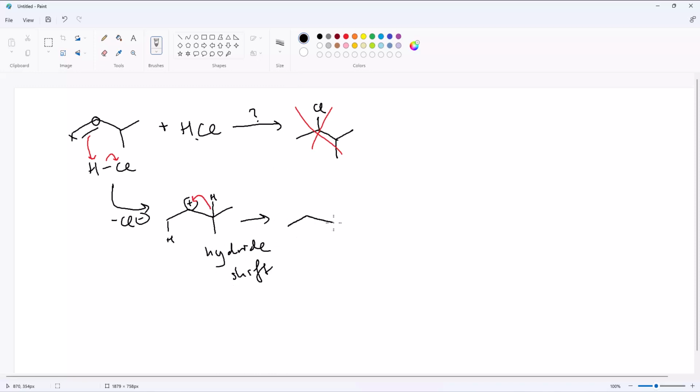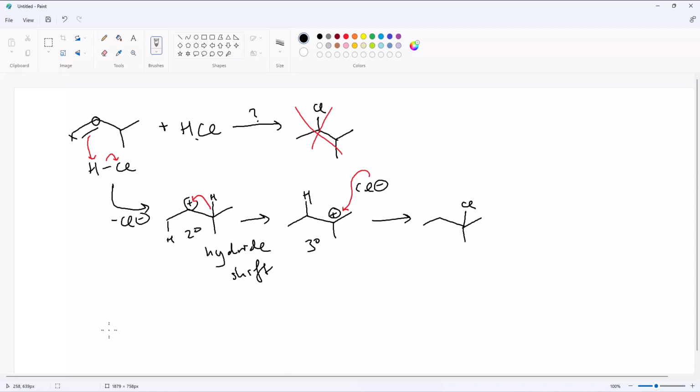If we move that over, we'll see that we moved the hydride here, and we've instituted a tertiary carbocation. So we went from a secondary to a tertiary carbocation, which is more stable. So this is a favorable carbocation rearrangement. And then in the final step, we would have rebound by the chloride ion to attack that carbocation, and thus result in not the secondary alkyl chloride, but the tertiary alkyl chloride.